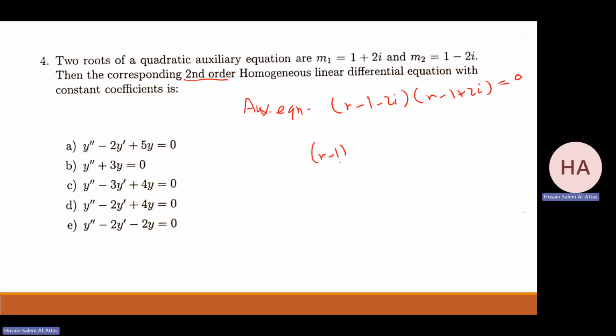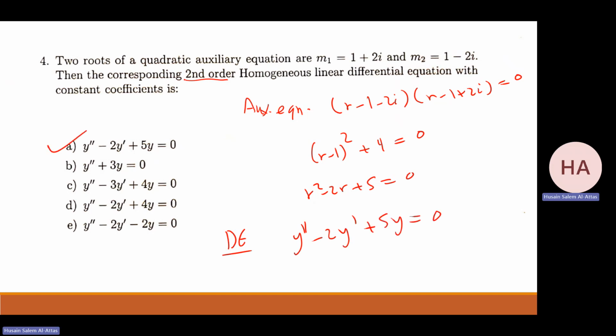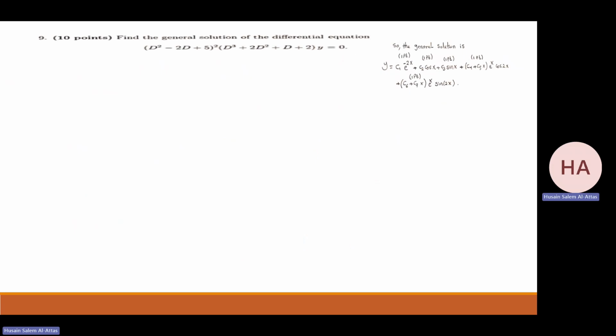So I have r minus 1 squared plus 4 equals 0. I have r squared minus 2r plus 5 equals 0. So it will be the differential equation y double prime minus 2y prime plus 5y equals 0, which is this one. Find the general solution of this differential equation.